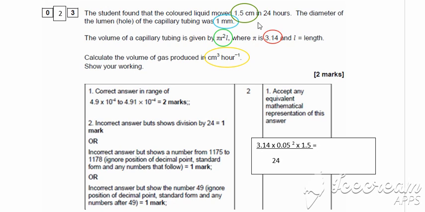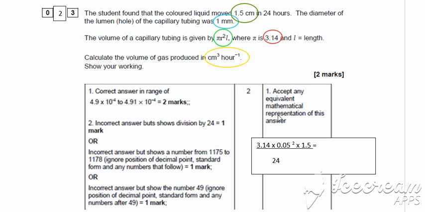So in order to calculate this, we then need to do our pi 3.14 times the radius squared, which is 0.05 squared, because the diameter is 1, so therefore the radius is 0.5, and we're converting our millimetres into centimetres by dividing it by 10, which will give us our 0.05, and that should be squared.